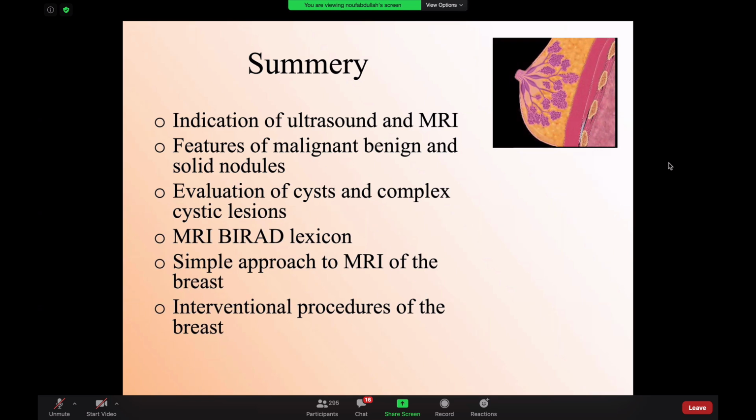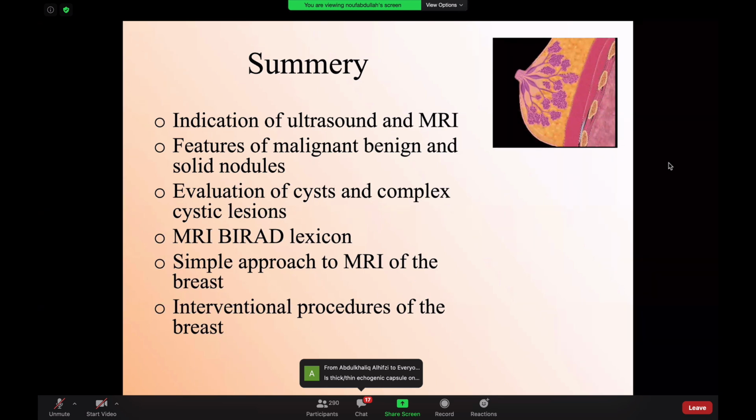If you have areas of milk of calcium in between these microcalcifications, then most likely you are dealing with a benign finding, because the presence of milk of calcium in between the microcalcifications is usually benign. However, if the microcalcification is pleomorphic or looks amorphous and you see a small area of milk of calcium very far from the rest of the microcalcification, then you shouldn't consider it as a bi-rads 2. But generally speaking, if you have 2 or 3 areas of microcalcification with milk of calcium, most likely you're dealing with a benign feature.